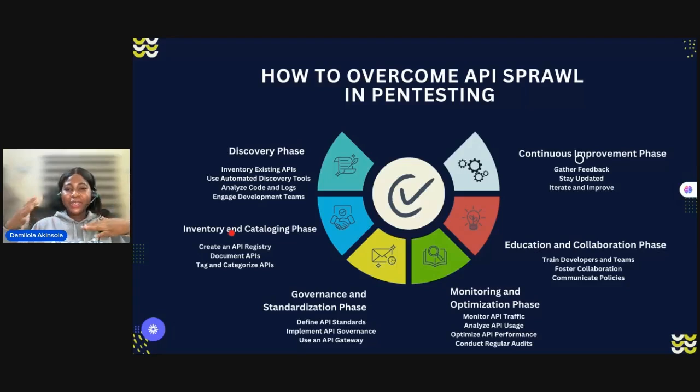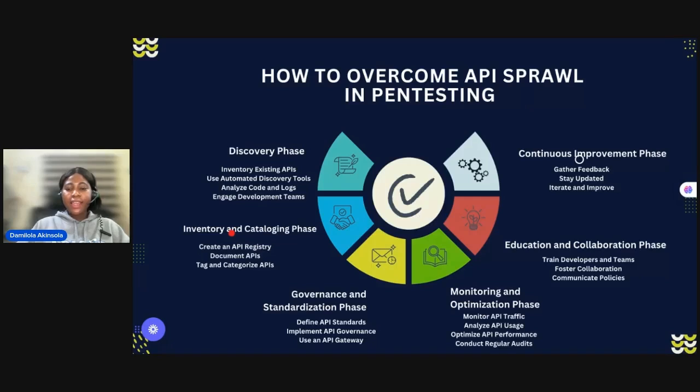So you have to continuously equip yourself with what's happening: emerging threats, industry trends, and best practices to follow in API security. OWASP is always releasing new versions, so you want to ensure that you're up to date with the latest version of the OWASP API Top 10. Then, of course, you need to iterate and improve.